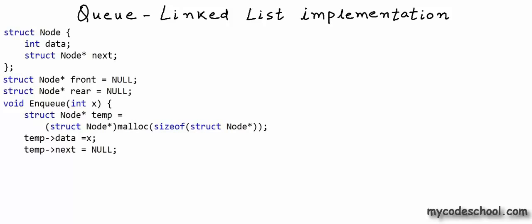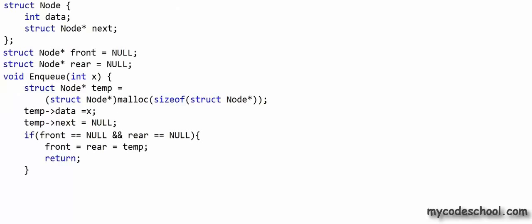In this function, I'll first create a node. I'll use malloc in C or the new operator in C++ to create a node in what we call dynamic memory. I'm pointing to the newly created node using this pointer to node named temp. Now we can have two cases in the insertion or enqueue operation. If there is no element in the queue, if the queue is empty, in this case both front and rear will be null.